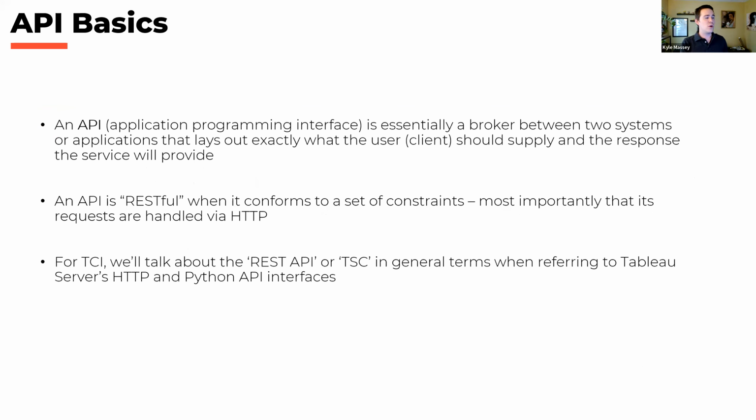All right. So just some basics about APIs. A lot of people said they had some familiarity. For those that don't, an API stands for Application Programming Interface. And what I said here is it's essentially a broker, et cetera. But a good metaphor for an API is, imagine you're at a restaurant and you're sitting at a table and what you ultimately want is your food from the kitchen. You're going to look at a menu and say, go tell the kitchen to make this and then bring it back to me.